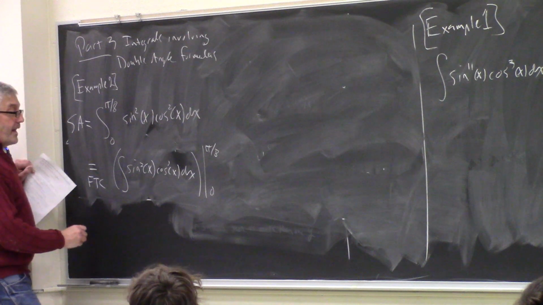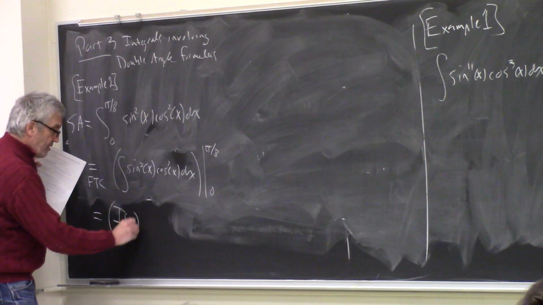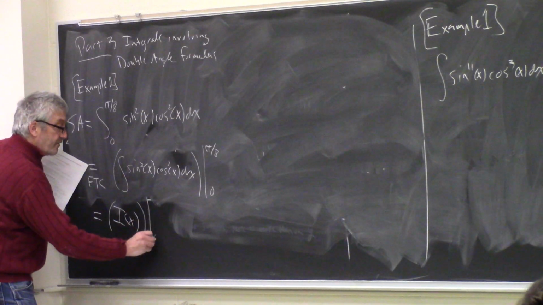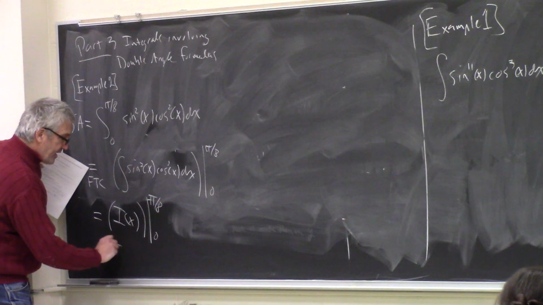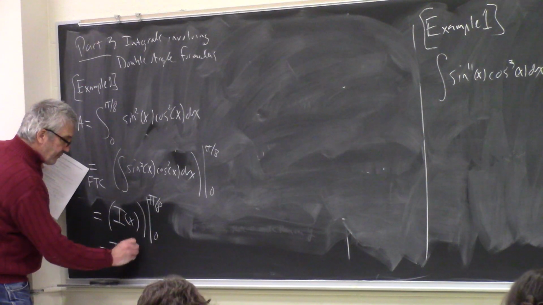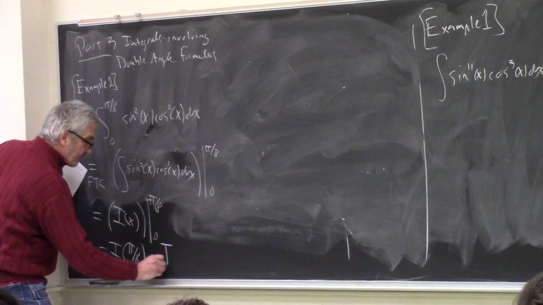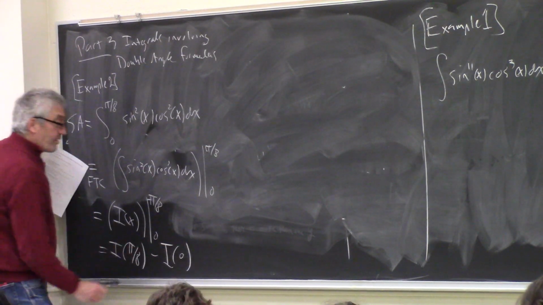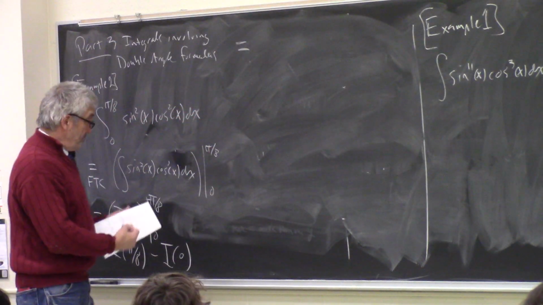And I'm going to call that I of x. In other words, we're going to find an indefinite integral, we're going to find I of x, we're going to evaluate it at pi over 8, and we're going to evaluate it at 0, and we're going to subtract. So we're going to resume that here.